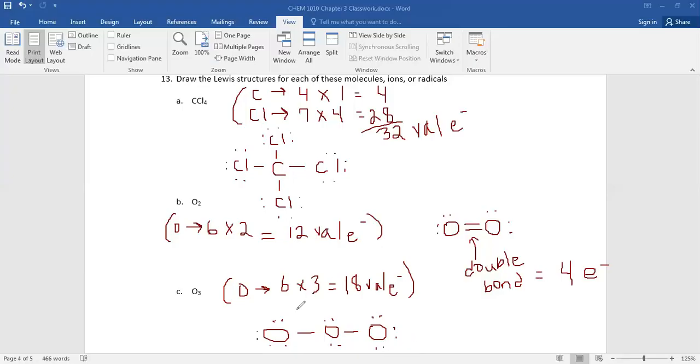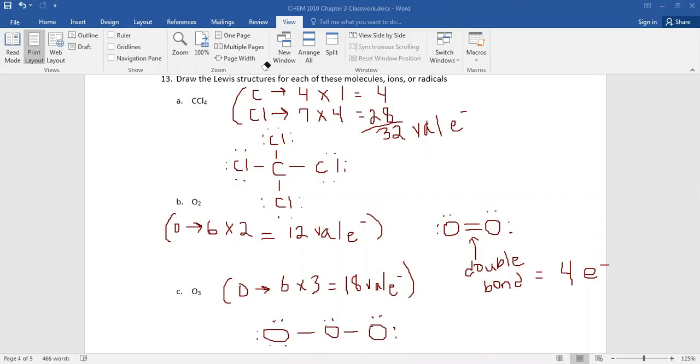Then I do my electron count to make sure I've got 18: 2, 4, 6, 8, 10, 12, 14, 16, 18, 20. Again, just like with oxygen, I put in too many. So I need to erase a pair from the central atom and a pair from one of the peripheral atoms.